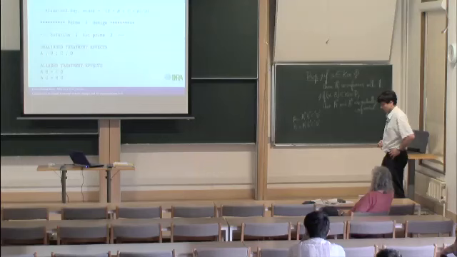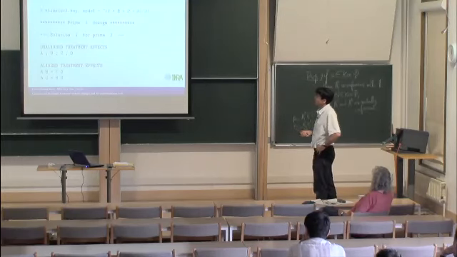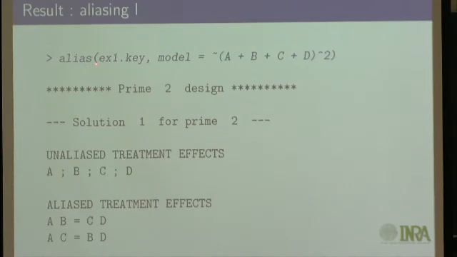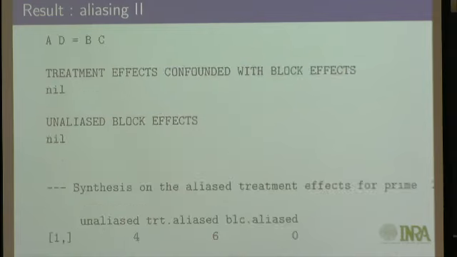We find the confounding relationships which we have seen before. Yes, just a side remark. In the function alias, which is a function of the planar library, there are 2 arguments. The object which contains the key matrix and the model containing all the terms for which we want aliasing information. So this is the end and the summary of what has been found.